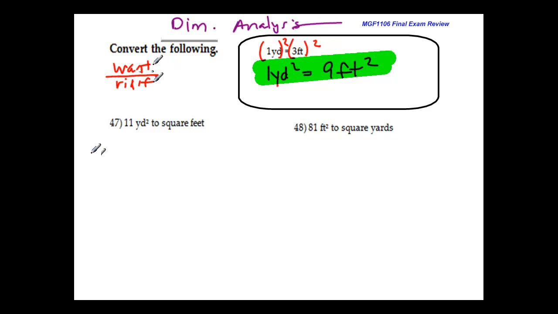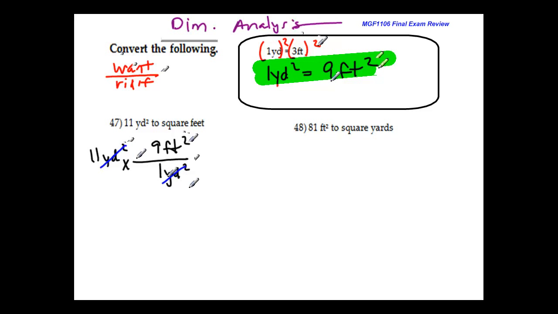So starting with 47, we have 11 yards squared. We want square feet, so the 9 feet squared go in the numerator. The 1 yard squared goes in the denominator. Very important. Check to make sure that these units cancel exactly. A yard does not cancel a yard squared.